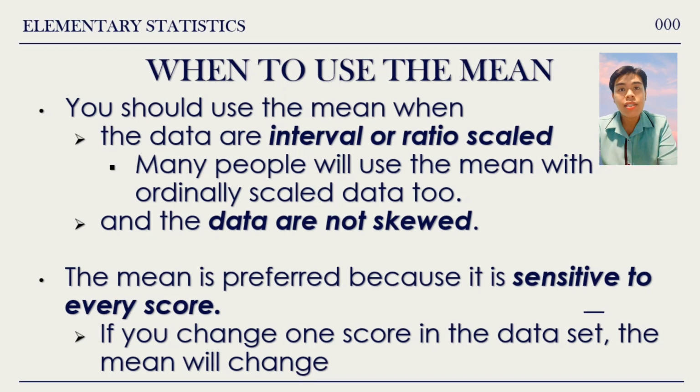So let's say we have the dataset of the level of satisfaction of students on the face-to-face mode of delivery of instruction. If we change even a single rating on that data, the mean of the entire dataset will eventually change.